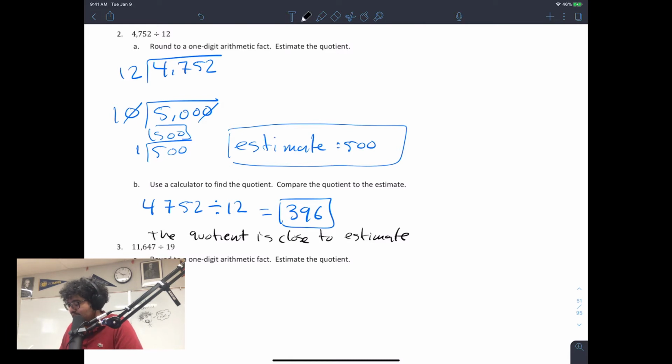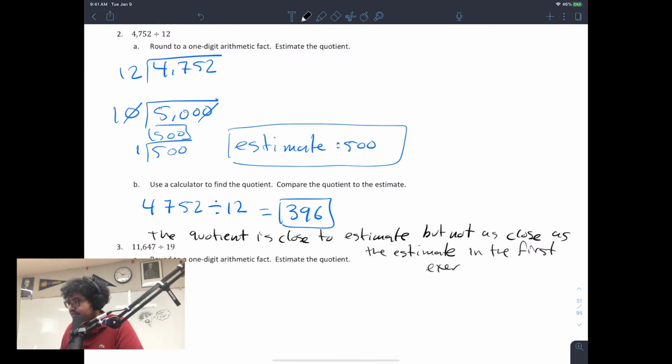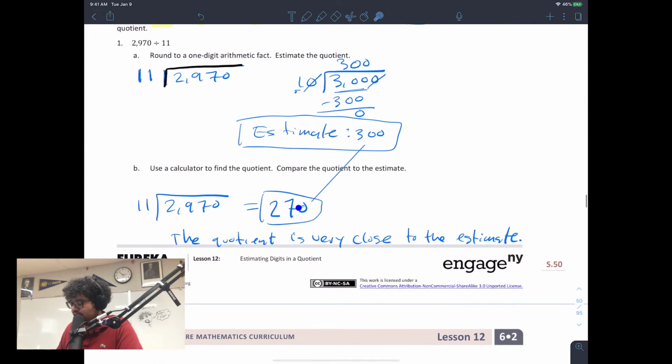So we can say the quotient is close to the estimate, but not as close as the estimate in the first exercise. And this is because, again, there is quite a bit bigger of a separation from 500 to 396, versus in the previous example, 270 was much closer to 300.